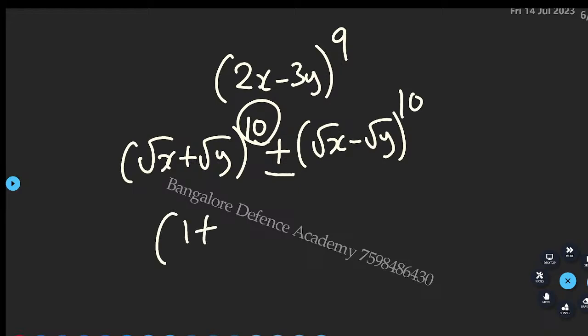Okay, next. Try to solve this. 1 plus 2x plus x square to the power of 20. Find how many terms. Keep doing it.